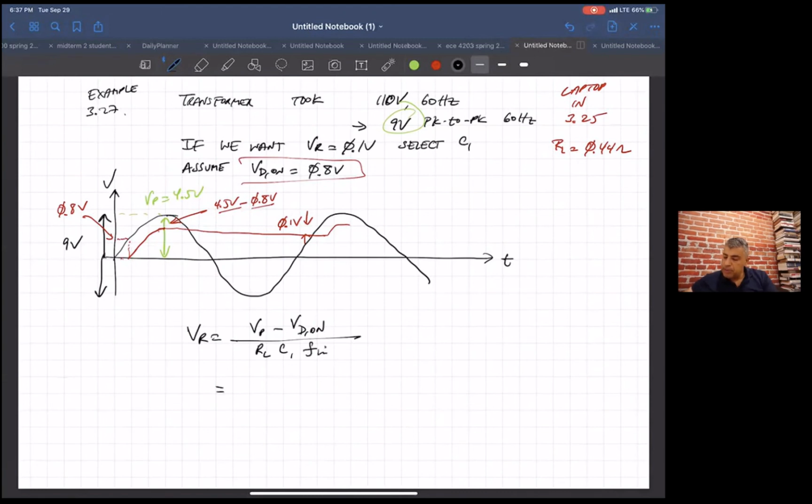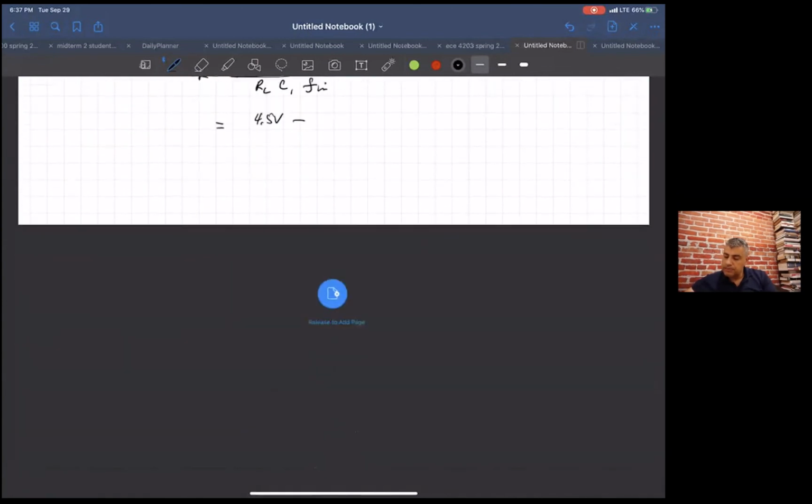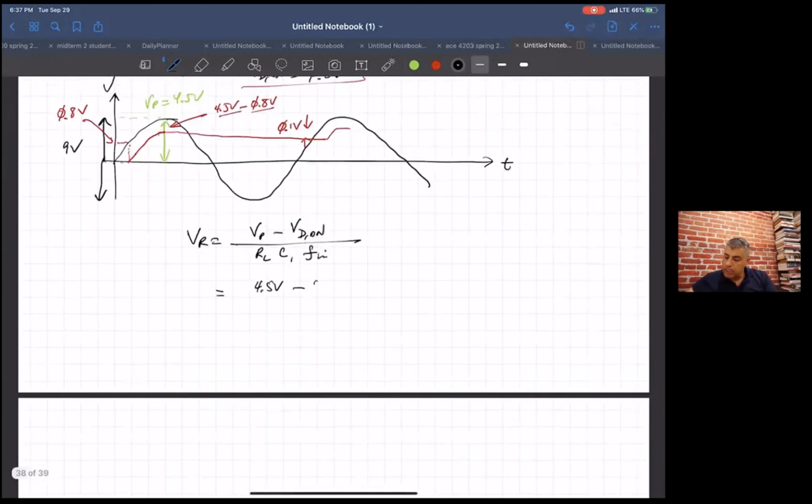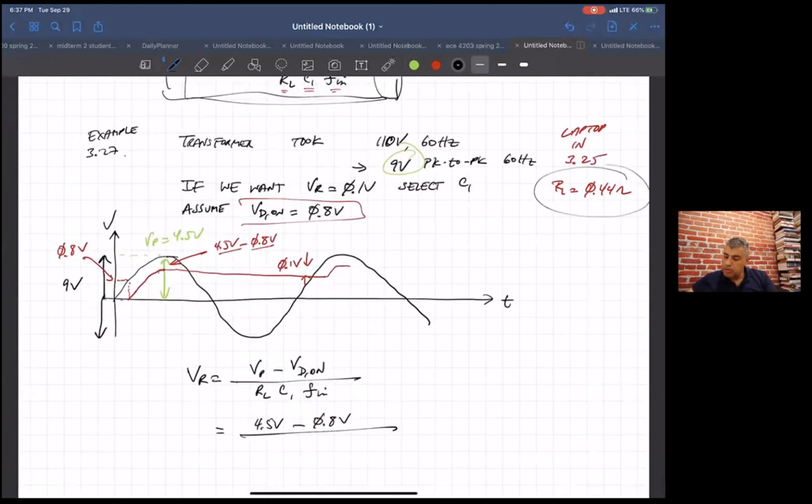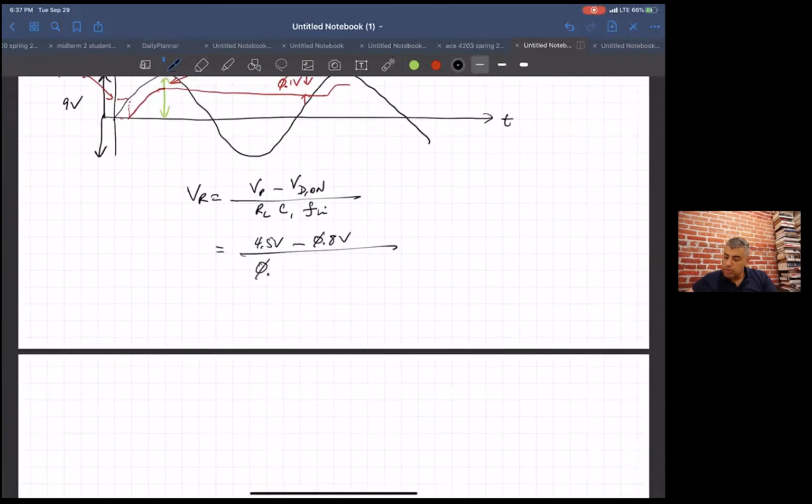Vp minus Vd on, we said, is 4.5 volts minus 0.8, over R sub load, which was 0.44 ohms, times C1 times 60 hertz. And we want 0.1 volt equal to this. So we can rearrange and we end up with a C1 of 1.4 farads.